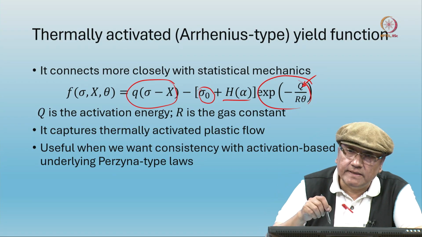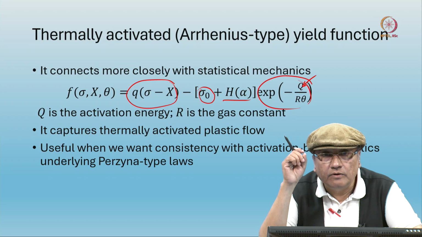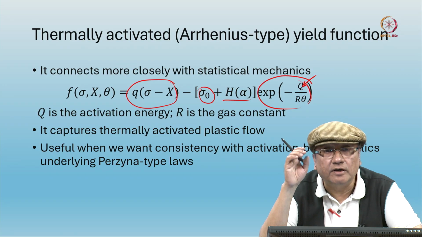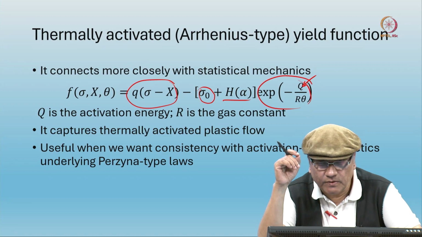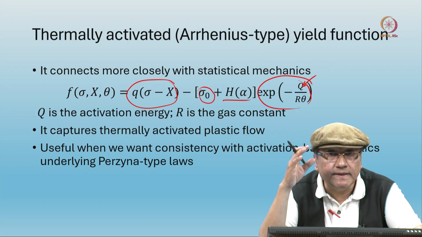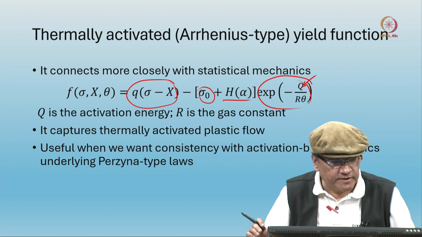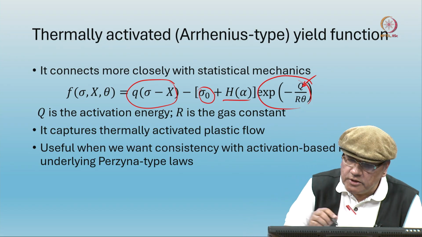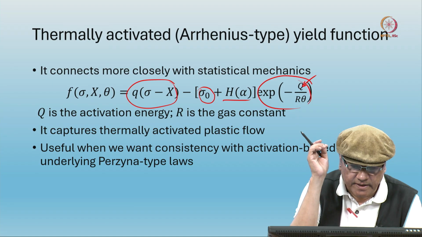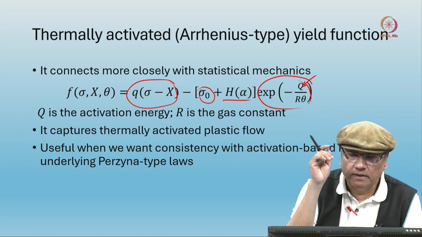So this is very useful for capturing the thermally activated plastic flow, where you think that thermal activation is very important in defining the plastic flow. It also fits in very well with the Perzyna type laws, okay.